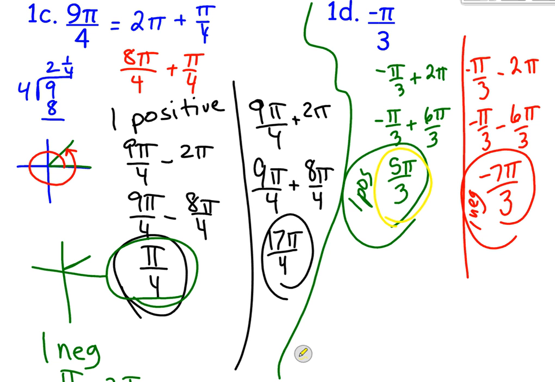And in the first one, I would have used pi over 4 plus 2 pi n. So getting down to that smallest positive angle can be beneficial as we do that.